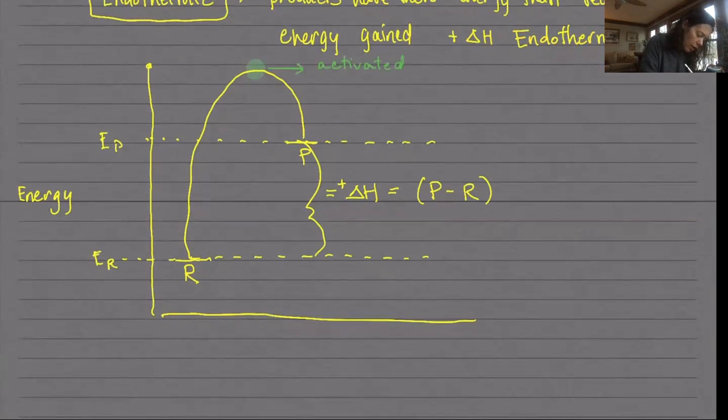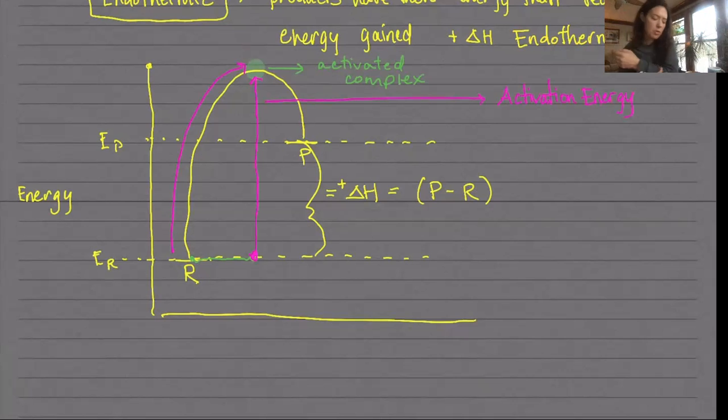And notice our activation energy now is from where we started all the way to the top of the hill. So in order for this reaction to proceed, we've got to gain this much energy. So this is our activation energy. It's how much energy has to be acquired in order to get over the hill and for this reaction to proceed in the forward direction.